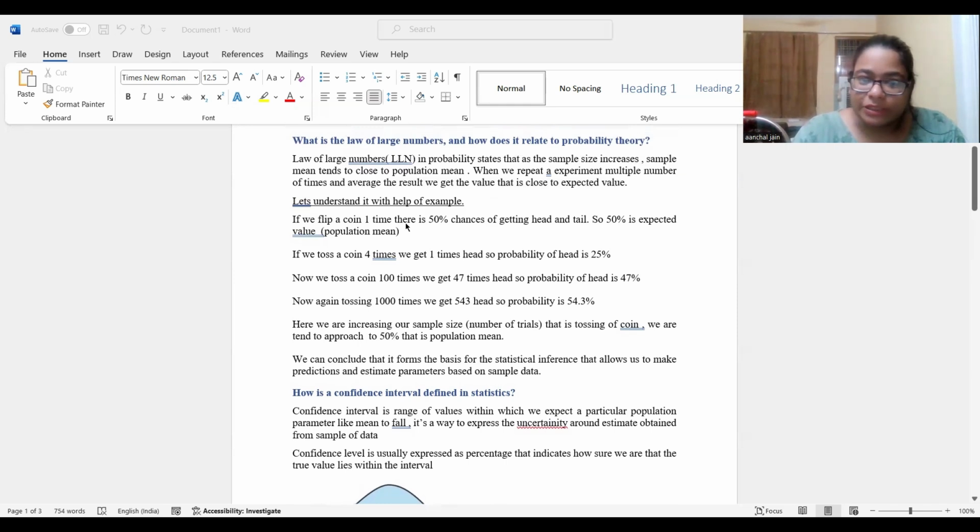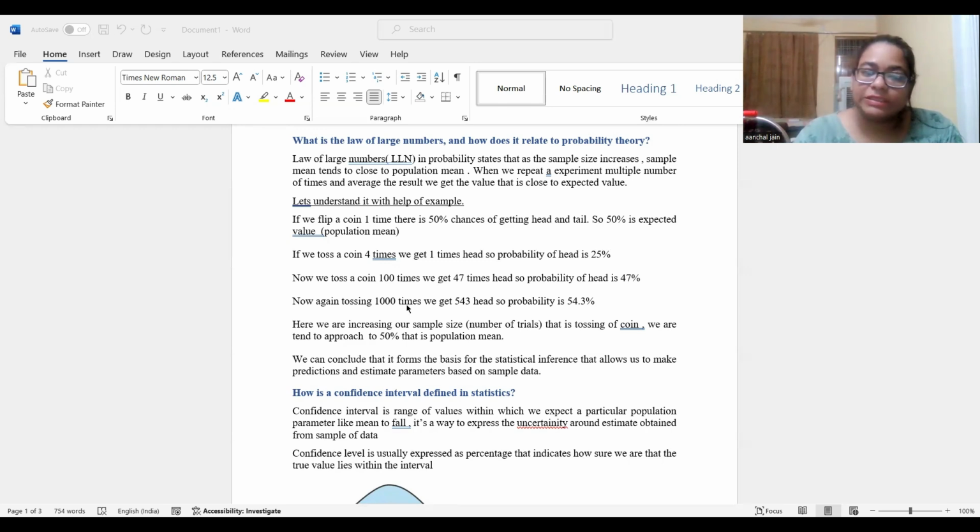So here we can see that as we are increasing our sample size, means that as we are increasing the number of tossing of the coins, that first it was 1, then 4, then 100 and 1000. As we are increasing our sample size, we tend to approach the 50%, that is population mean, that it was first 25%, then 47, then 54, and it is close to the 50%, that is our population mean.